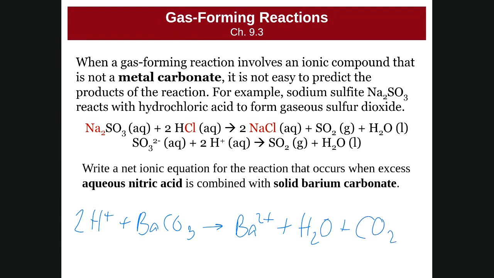All right, so that's our balanced equation. This is going to be aqueous, this is solid, this is aqueous, this is liquid, and this is gas. We have all 4 states in this reaction.